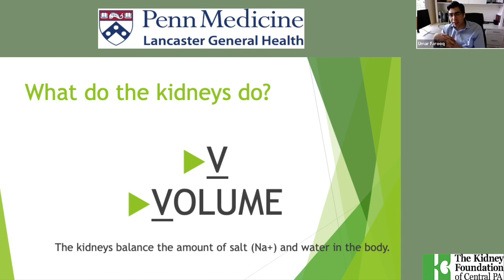So if you are dehydrated, it helps you conserve future losses of water and salt. And if you're overhydrated and the organs are building up some fluid, like the lungs have some fluid or the legs have edema, then kidneys get rid of some of this fluid.